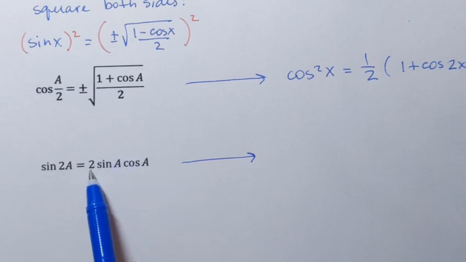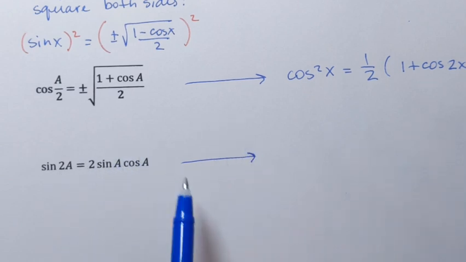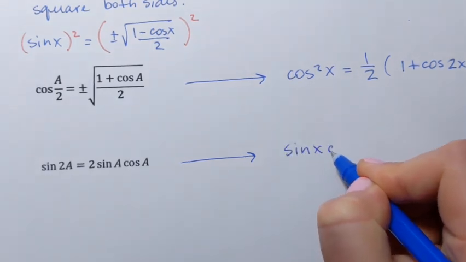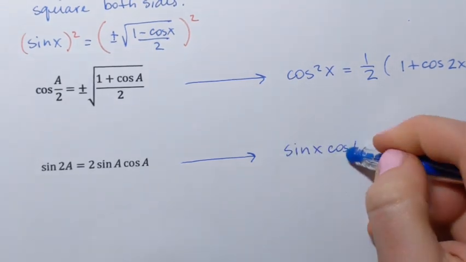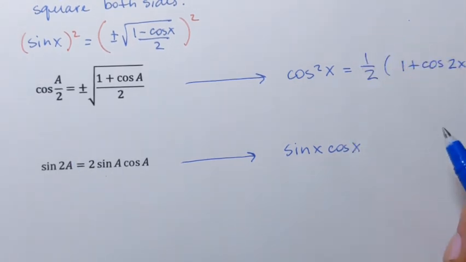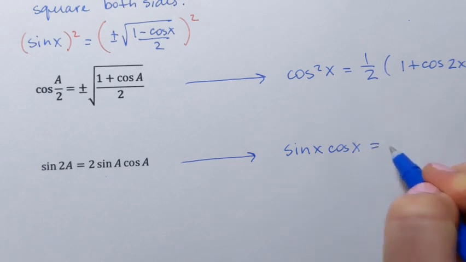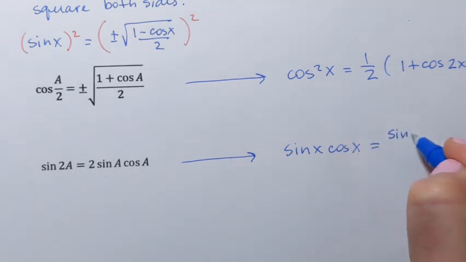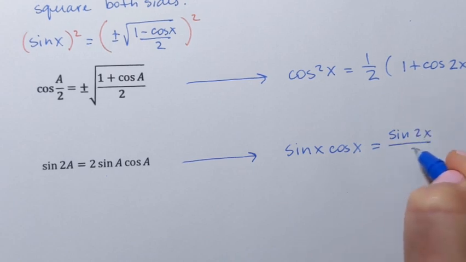So in other words, I would just divide by 2 on both sides here, and I will switch to x. So sine x cosine x. By the way, hopefully you recognize this double angle formula from your trig class. Sine x cosine x, I'm dividing by 2 on each side, so it's sine of 2x over 2.